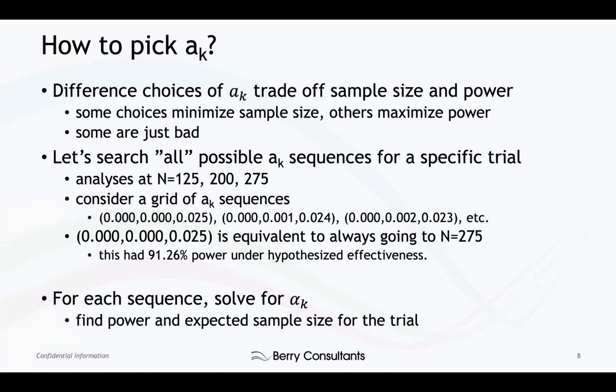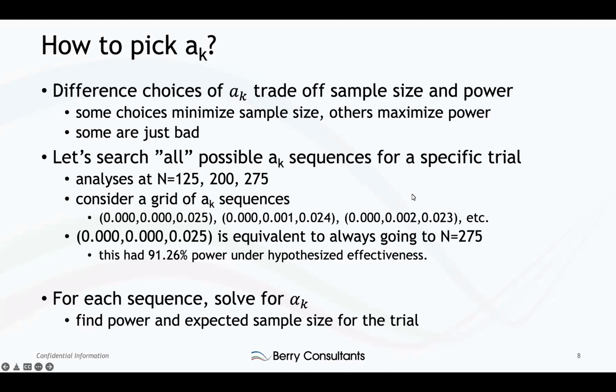So we know we have a budget of 2.5% type 1 error. We could spend nothing at the first interim, nothing at the second, and hold it all to the end. We could have spent nothing at the first, spent 0.1% of our budget at the second, and kept 2.4% till the end. We considered every possible way that we could divide this up.